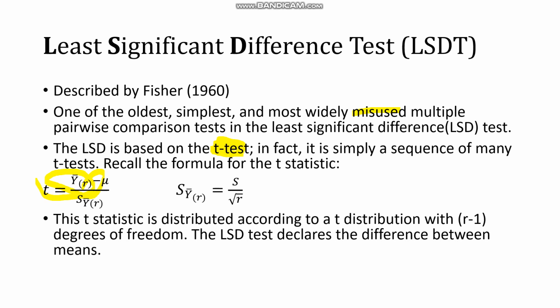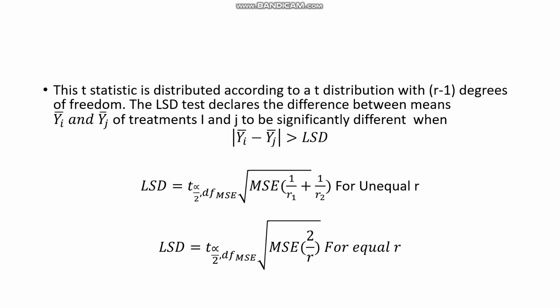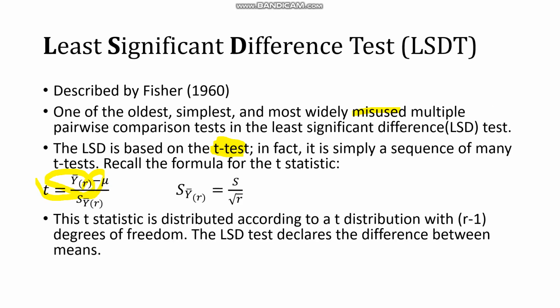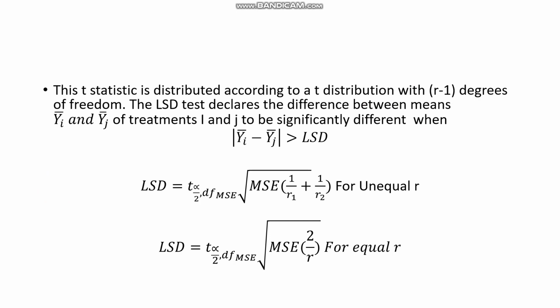This t statistic is distributed according to a t distribution with r minus 1 degrees of freedom.